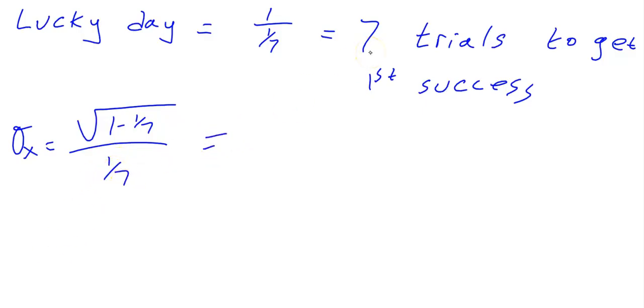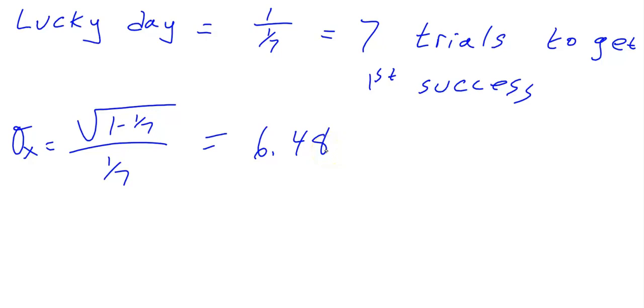I would bang that into my calculator, the square root of 1 minus 1/7, then divide that by 1/7, and that's going to be about 6.48, which means my number of trials typically varies by 6.48 trials.